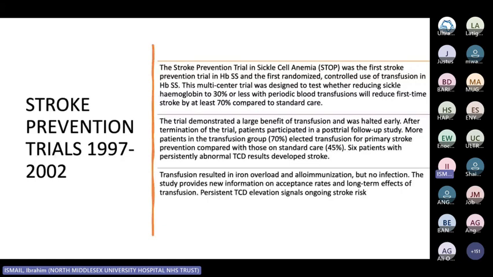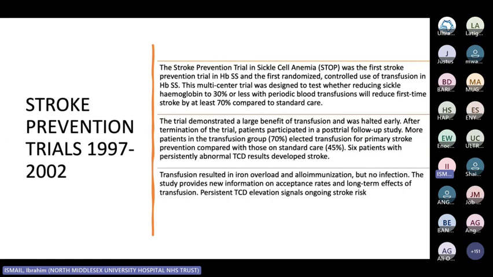So those who did not continue the transfusion treatment and prevention post-trial went on to develop persistent abnormal TCDs and in turn stroke. Transfusion resulted in iron overload and alloimmunization, but no infection.